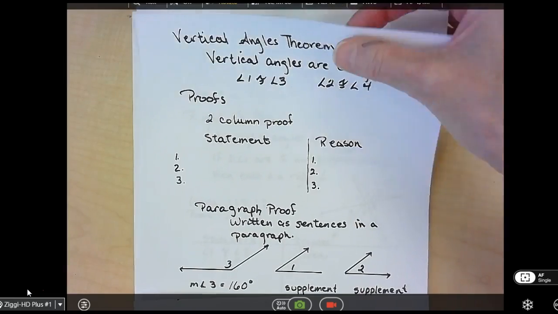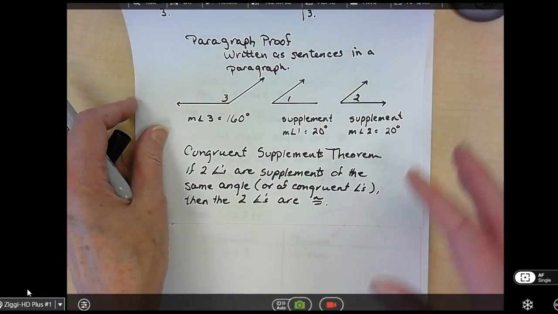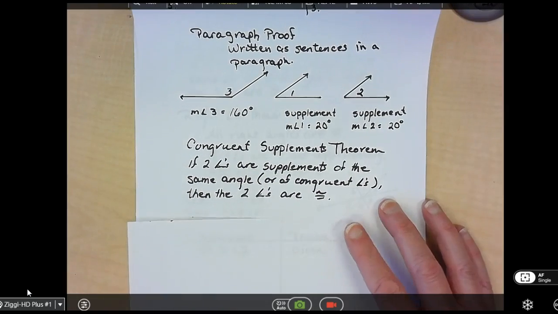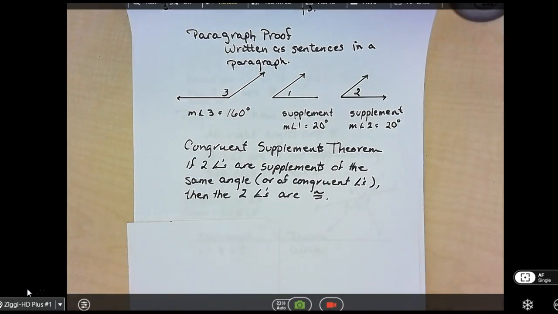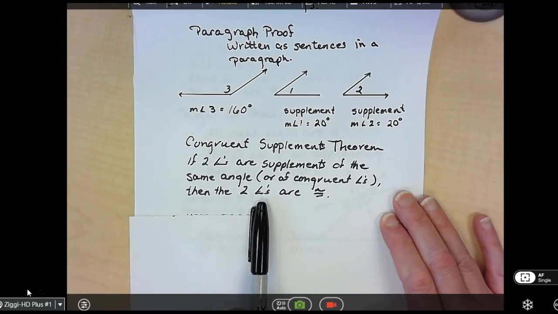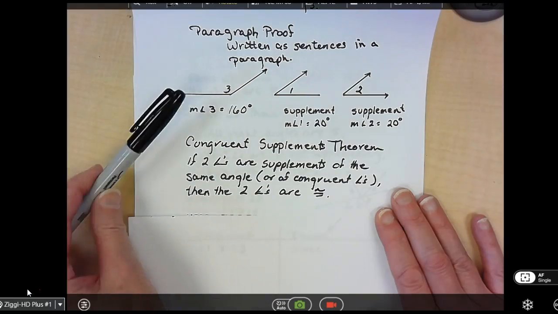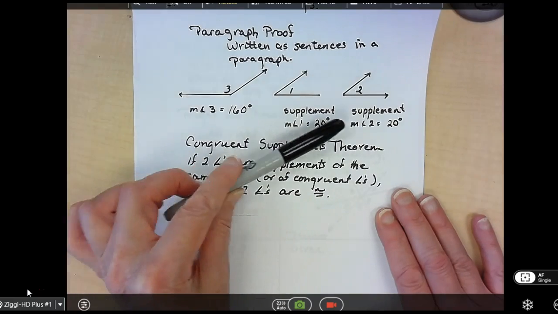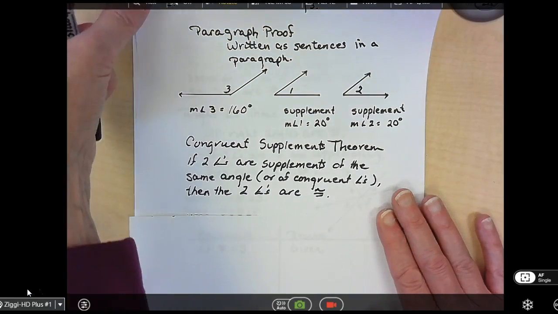So you just proved the next theorem, the congruent supplements theorem. It states if two angles are supplements of the same angle or of congruent angles, then the two angles are congruent. So again, angle 3 was supplementary to the two angles 1 and 2, so angles 1 and 2 are congruent.